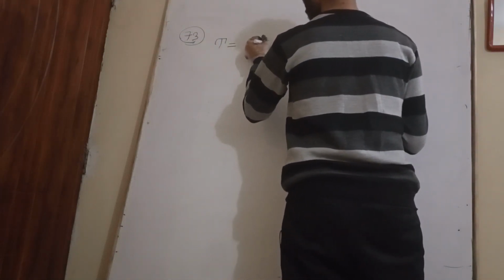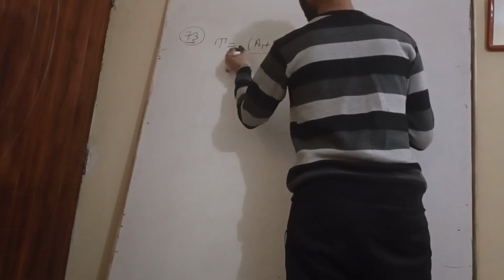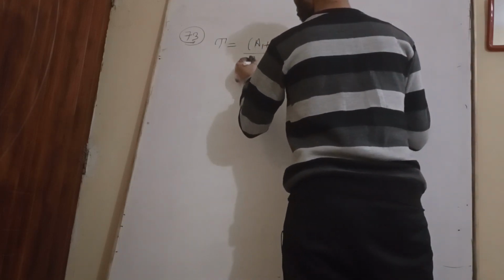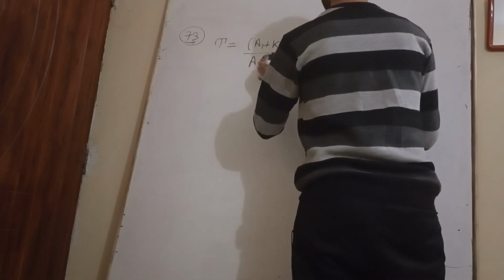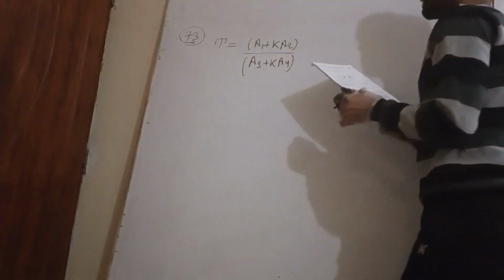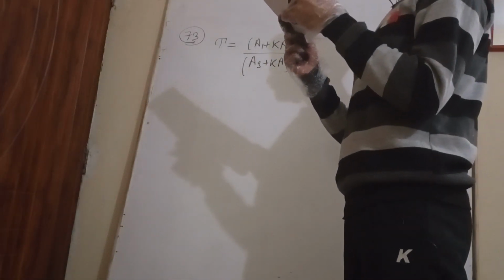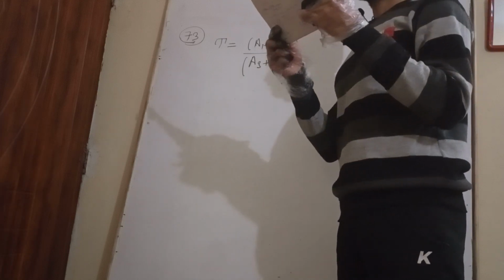(a1 + k a2) divided by (a3 + k a4). So this is my transfer function, and he is asking about the sensitivity of this transfer function with respect to k.